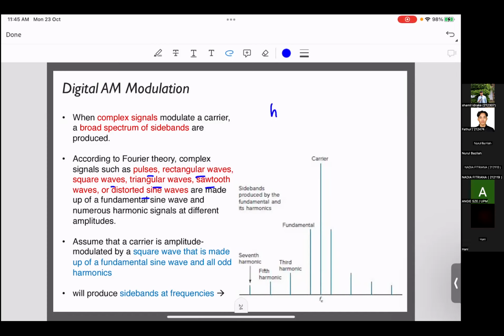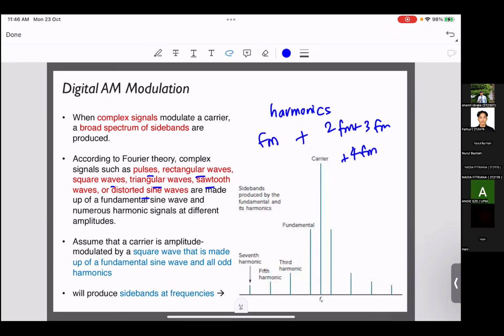Have we talked about harmonics? I believe we have. So it's going to be 2 FM, 3 FM, 4 FM. This is the frequency of the signals inside, a combination of the modulating signal. You have your first signal called FM, added with 2 FM, added with 3 FM, added with 4 FM.